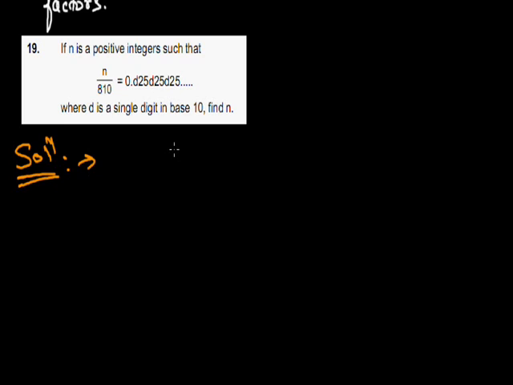Question number 19 is given to us as, we have given that n is a positive integer such that n/810 is equal to 0.d25d25d25..., where d is a single digit in base 10. We have to find the value of n.